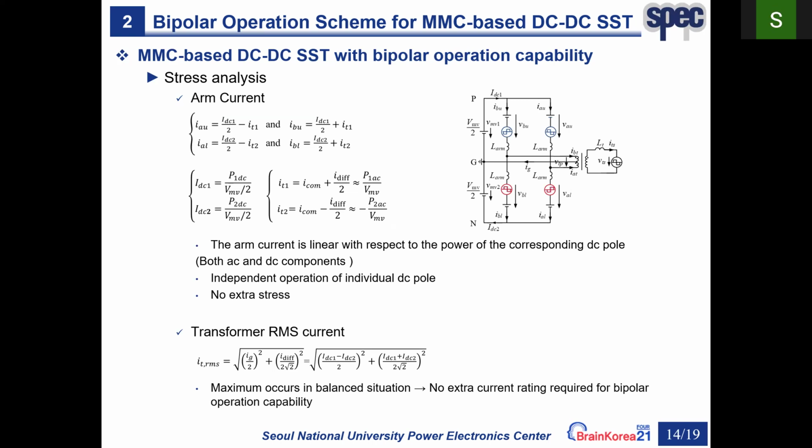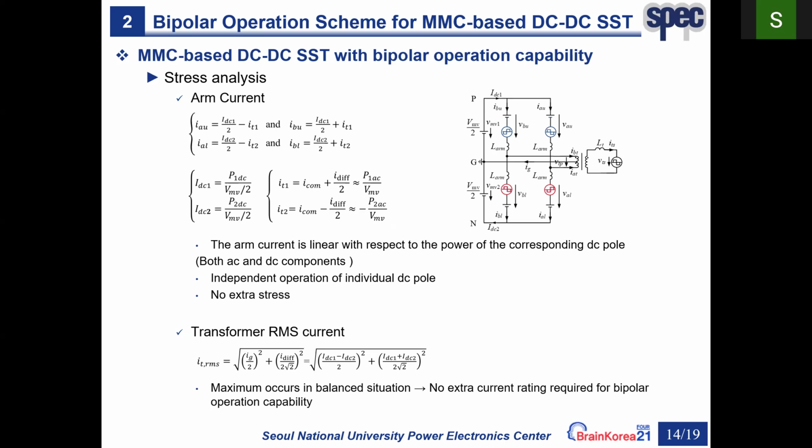And from the analysis of the AC current, the AC components of the two arm currents are also proportional to the power of the corresponding pole. This equally means that the current stress of the semiconductor devices in each arm is approximately proportional to the delivered power in the corresponding pole.